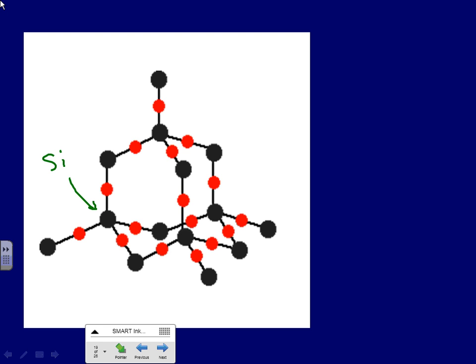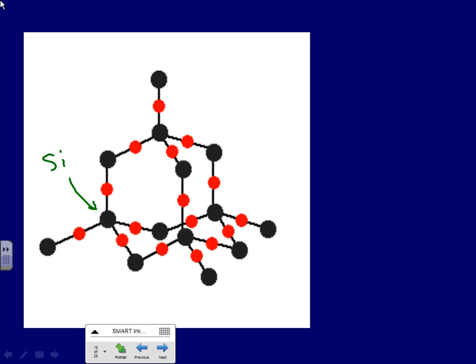But what it is, that guy is covalently bonded to 4 oxygens, and then that oxygen bond is opened up, and it's covalently bonded to another silicon, which is then covalently bonded to 4 oxygens. So again, it is a covalent network crystal. You might see SiO2, you might want to draw it like carbon dioxide, but in actual fact, it is not.